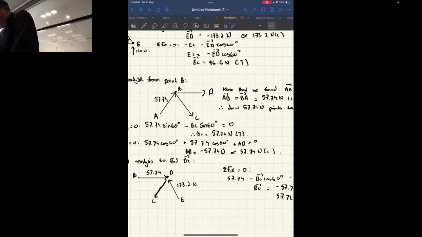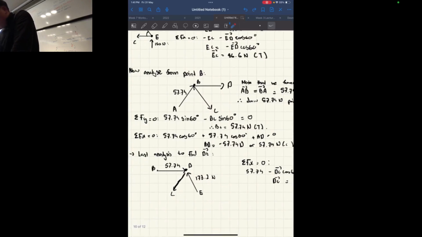Again, we do sum of Fy and sum of Fx equals 0. Start with sum of Fy equals 0 first. Here we have the vector addition: the x direction is moving in the positive direction, and both x and y are moving in the positive direction. So 57.74 sine 60 degrees.